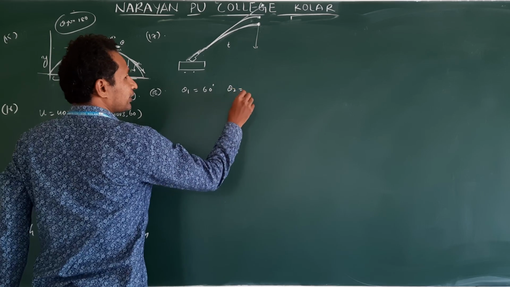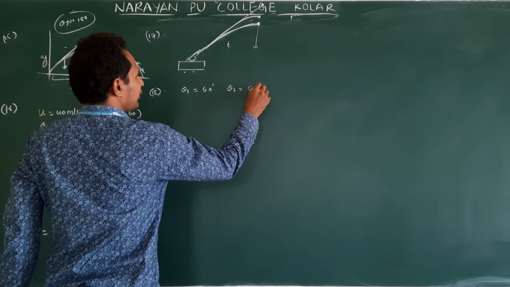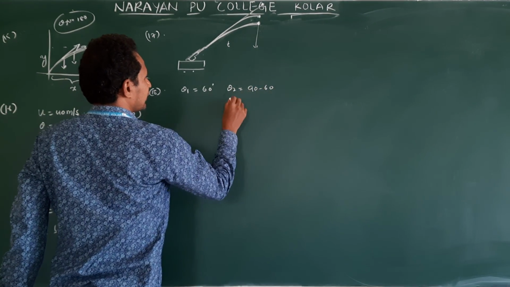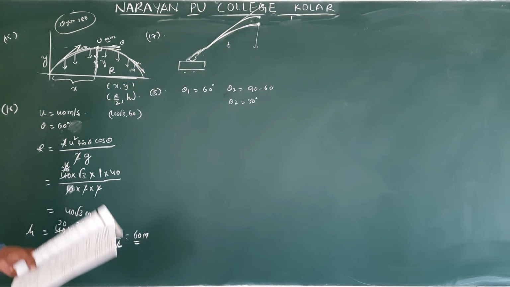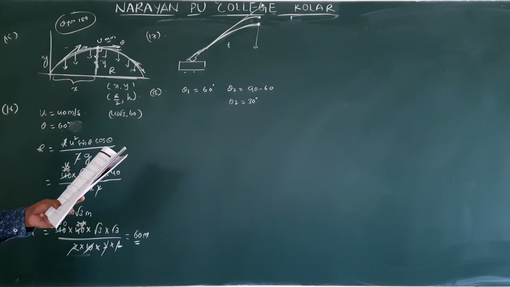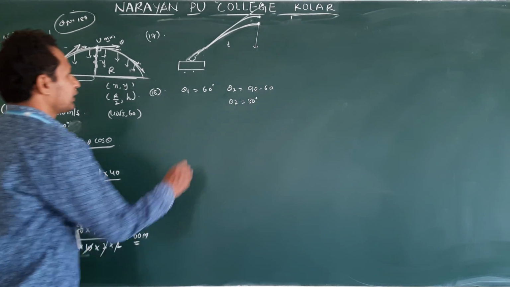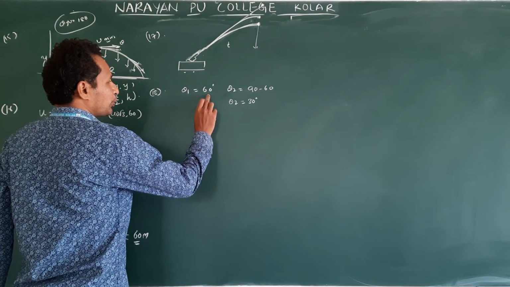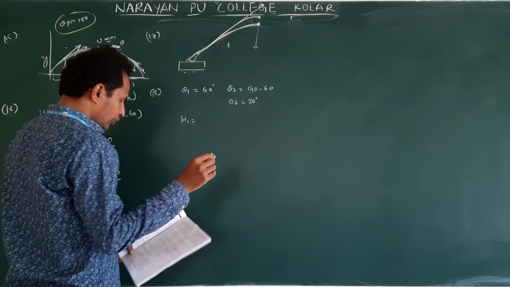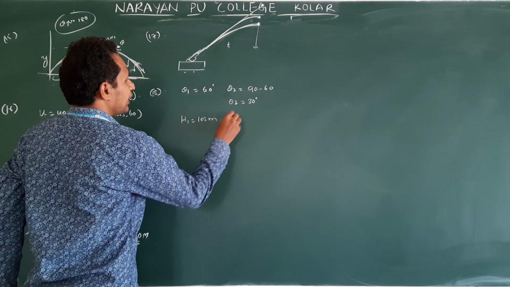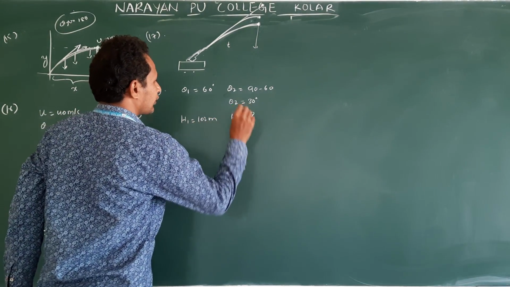Theta 2 would be 90 minus 60, so theta 2 is 30 degrees, because the range is the same. Next, for the angular projection, the maximum height for theta 1, h1, is 1 or 2 meters. They are asking for h2.